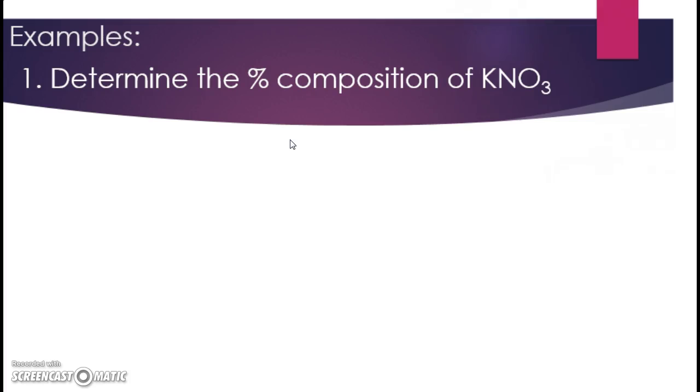Alright, and then finally oxygen. We have 3 of them, so this one is just a little different. So we need to take 3 times 16, since each one has a mass of 16. Divide it by the whole thing, which is 101.11 grams per mole. Multiply by 100. And we're going to get 47.5.